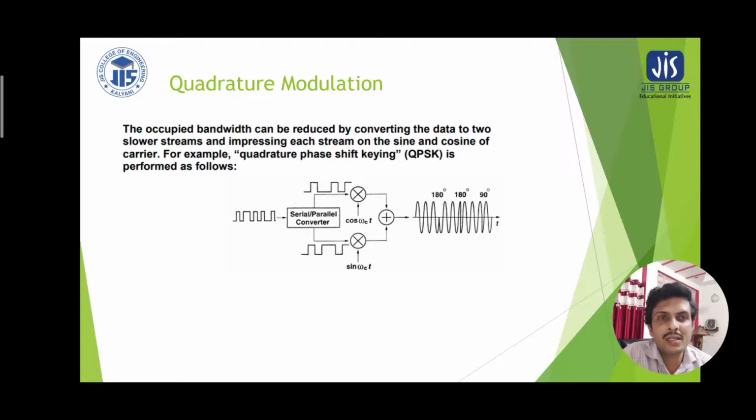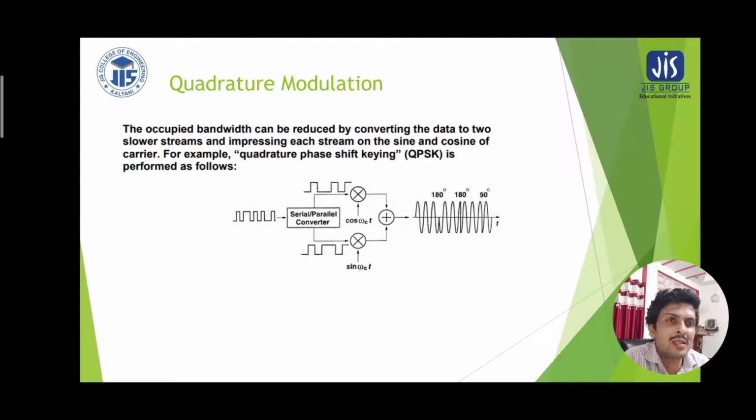Since the carrier signals are 90 degrees out of phase, one line is the in phase line and the other is the quadrature line. In general, the top line is known as the in phase line and the bottom one as the quadrature line. The signals are fed to the adder, which produces the resulting modulated signal.